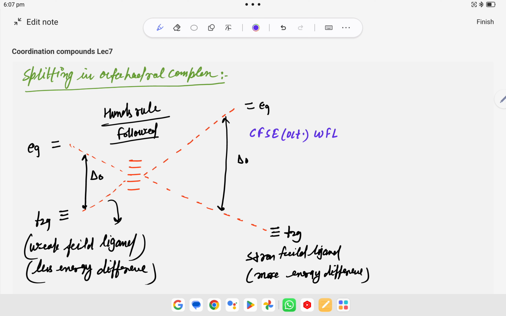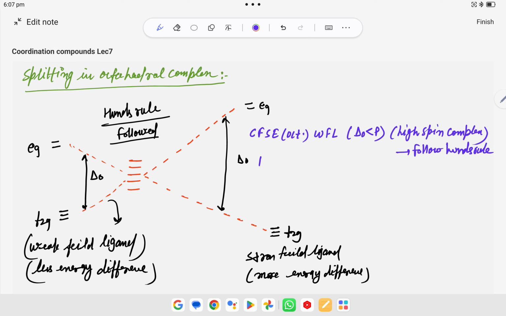If weak field ligand is there, then delta naught energy is less than P. P is what? Pairing energy, and it will be a high spin complex. High spin complex follows Hund's rule.